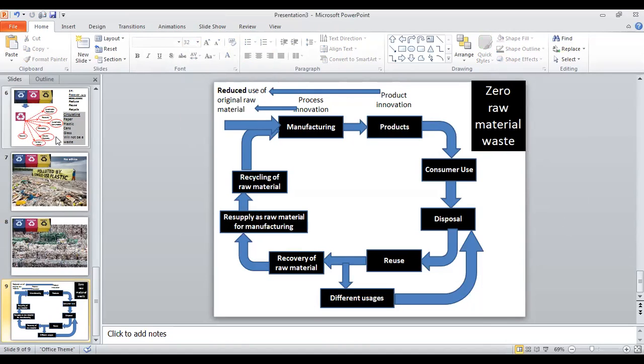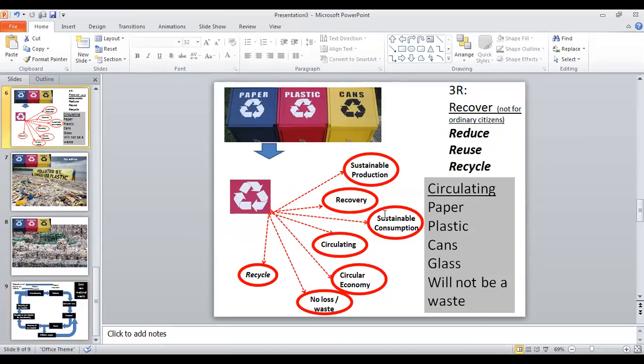And we will revisit the previous page. Now you can say sustainable production applies. Sustainable consumption applies. Circular economy is the ultimate of this, to have this recycling, recovery, circulation, assure no loss of waste.